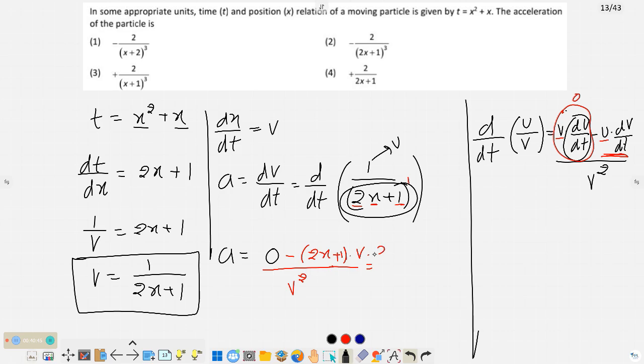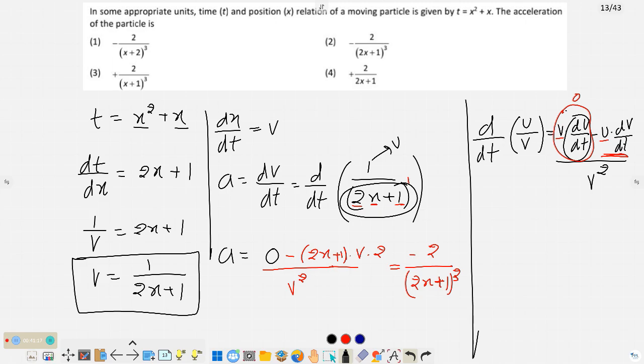If you solve this directly, after substituting the v value, that is 2x plus 1 whole square, we are going to get minus 2 by v. All the v values cancel, and since we already have a v in the equation, you are going to get the equation of v cube.